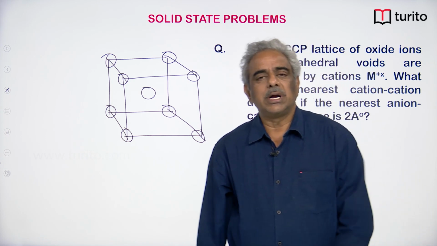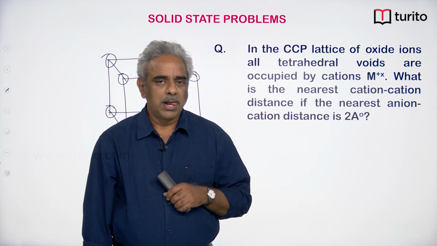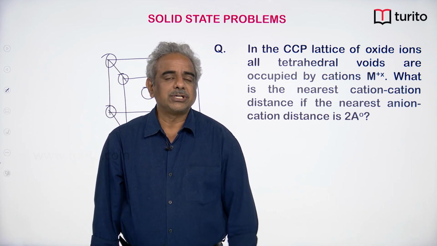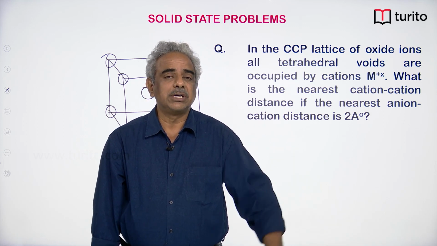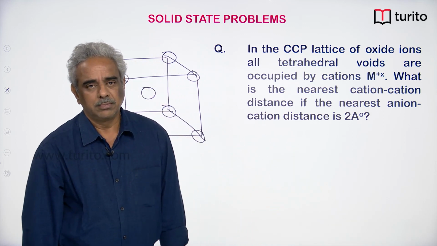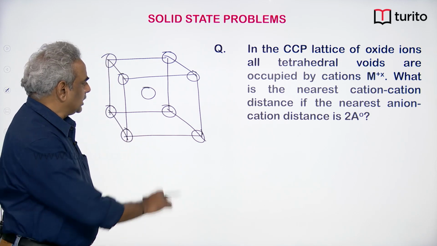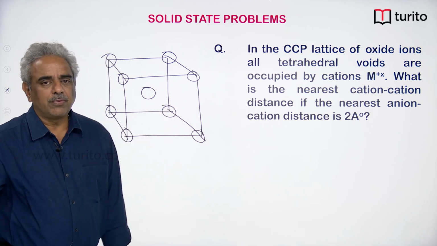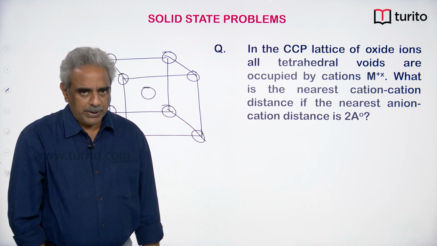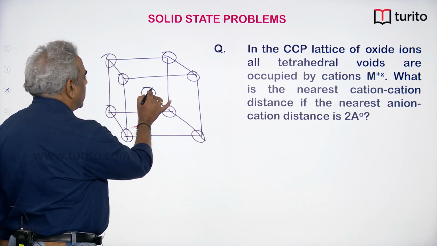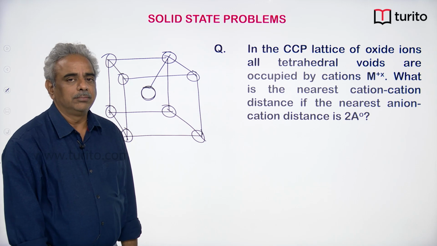Suppose they ask a question like this: what is the first nearest distance between two spheres? What is the second nearest distance? What is the third nearest distance? A very interesting question. What is the nearest distance first of all? See, the body center atom is in contact with every corner atom in BCC.